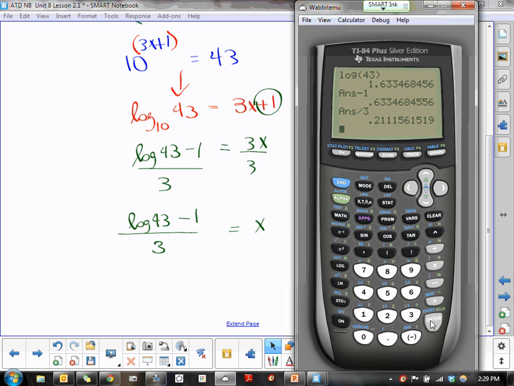There's your exponent. If I take this times 3, add 1, and raise 10 to that power, what should I get? 43.